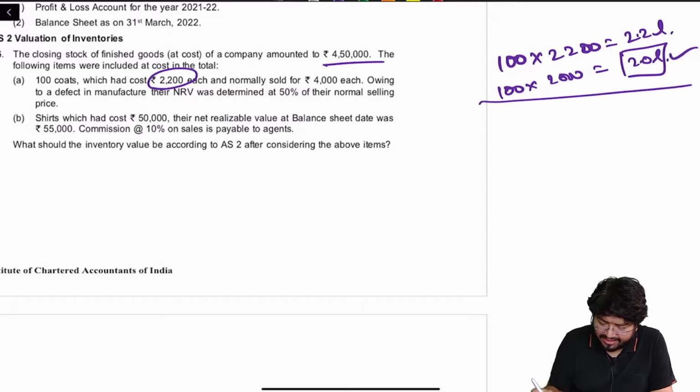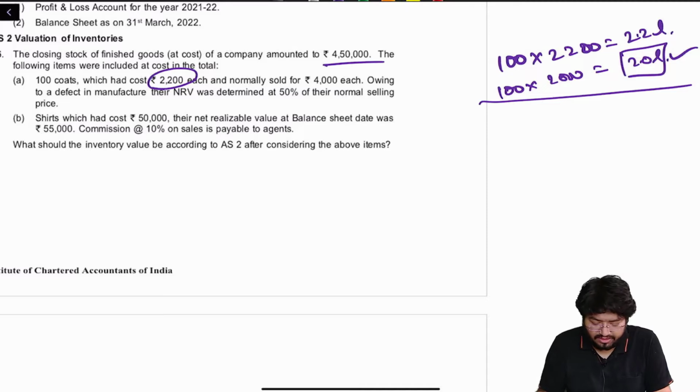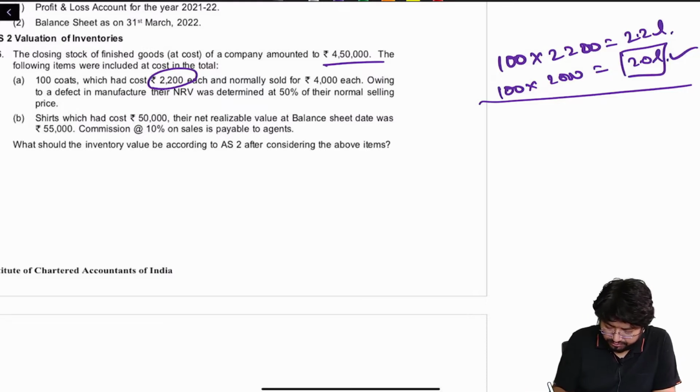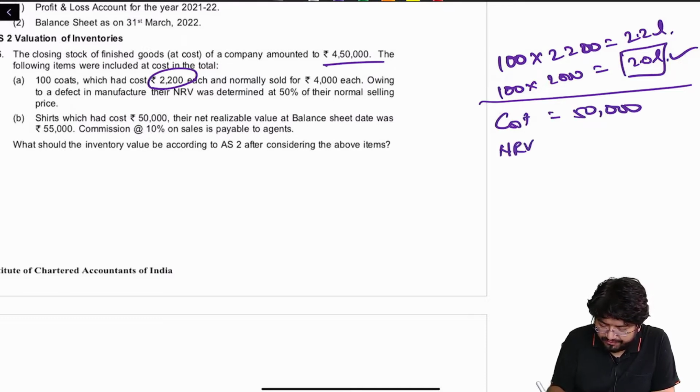And then in the second case, shirts which cost 50,000, their net realizable value at balance sheet date was 55,000. Commission at 10% on sales is payable to agents. So that means cost is 50,000, clear. NRV, if you see, it is 55,000 less cost to sell, which is 5,500.